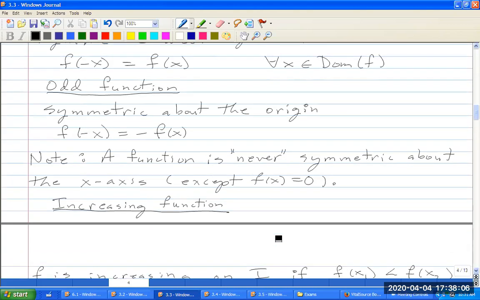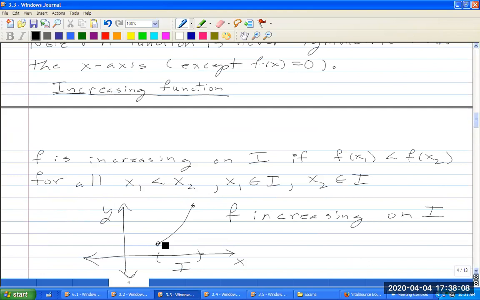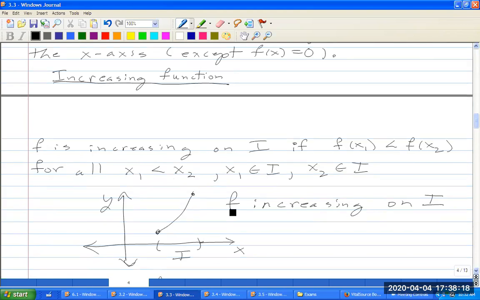An increasing function. I'll give you a nice little picture here to show you what it means to be increasing. So f is increasing on the interval I if f of x1 is less than f of x2 for all x1 less than x2. Maybe I'll say this is x1 and this is x2.